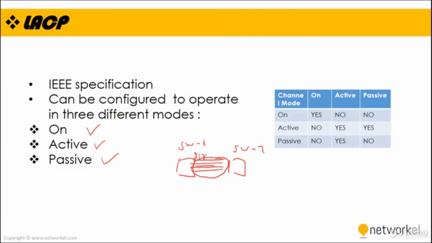If I'm choosing the channel mode on for switch 1, I should use on just for switch 2. If I'm using active on this side, I need to choose active or passive. And if I'm choosing passive, I should use active on the other end.